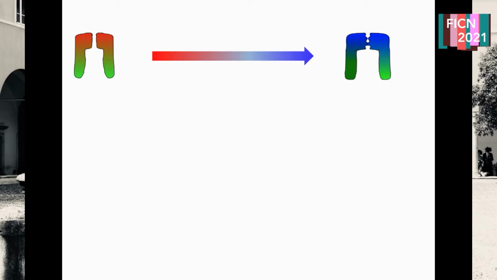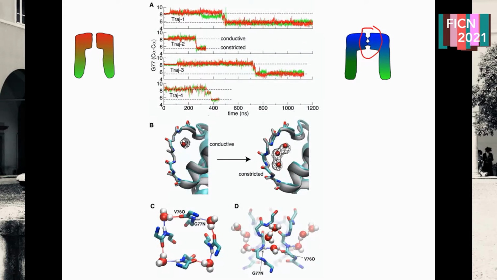Essentially, we write the cartoon where you open the gate and now spontaneously the channel would conduct for a while and then undergo this conformational change to an inactivated state, a constricted conformation. Is this really true? And in molecular dynamics, of course, you see that in long simulations, at least. So this is a process that is observed over, let's say, about 1 microsecond or hundreds of nanoseconds.